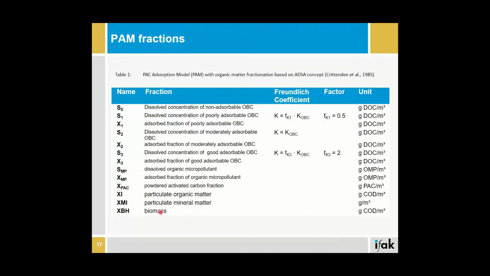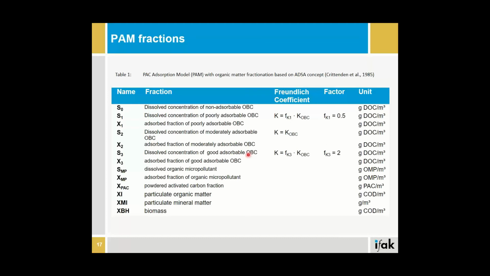So looking at the different fractions considered in the model, based on the ADSA concept, the organic matter was divided into 4 different fractions, as you can see here: S0, S1, S2, and S3. S0 is non-adsorbable, S1 poorly adsorbable, S2 moderately adsorbable, and S3 is good adsorbable organic matter.